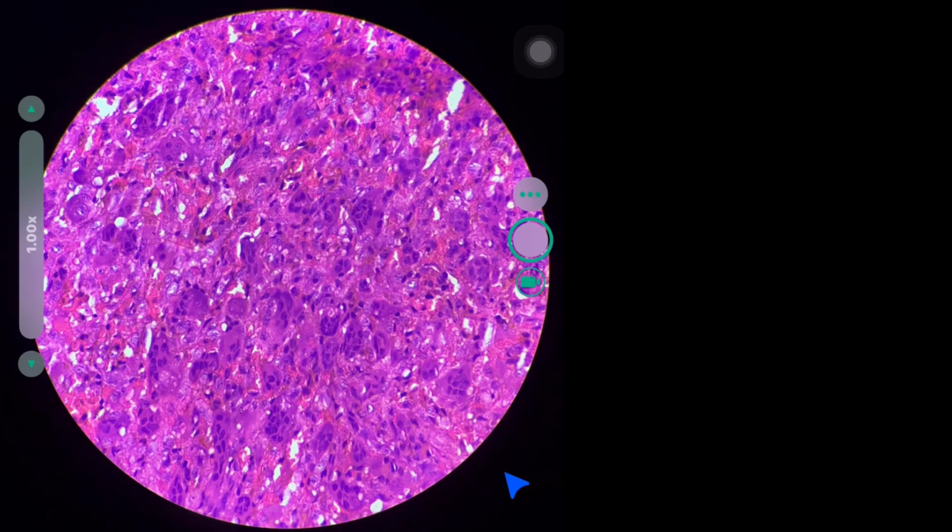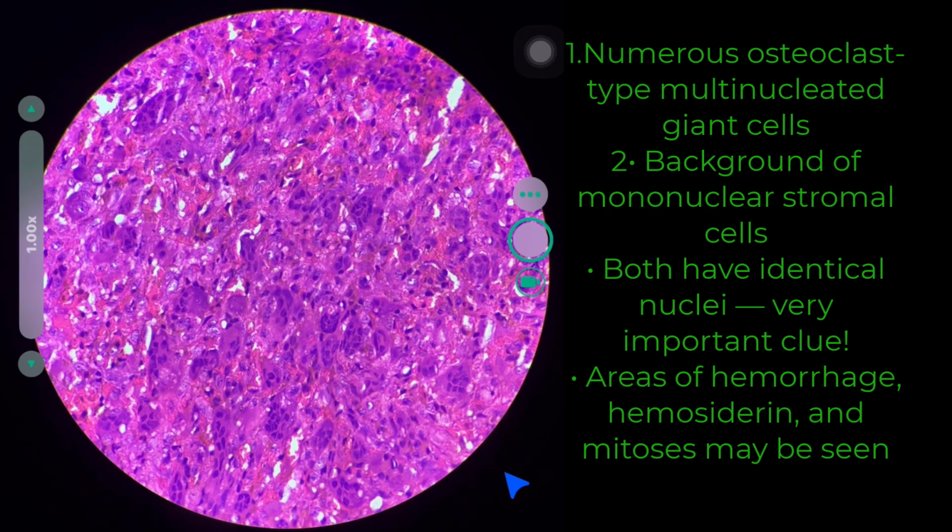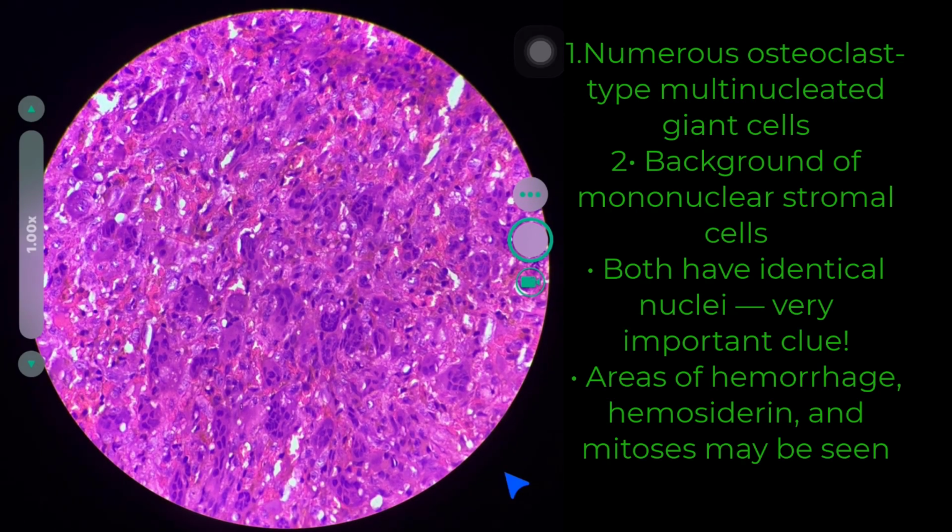So, the tumor is composed of two main cell populations, right? Mononuclear stromal cells, which is the neoplastic component, and osteoclast-type multinucleated giant cells, which is the reactive component.